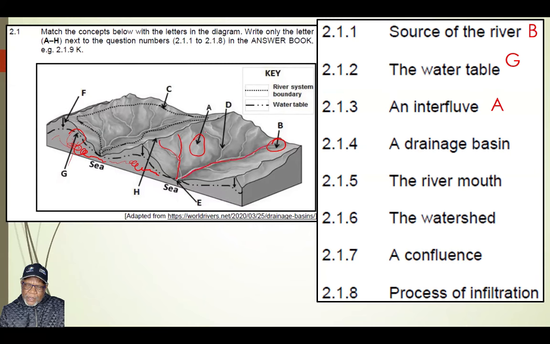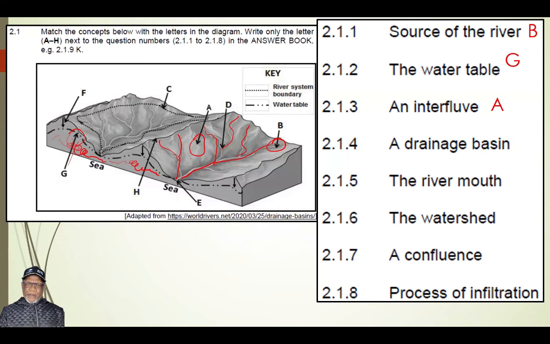These streams that you see here are separated by these high-lying areas between them. It is called interflow. So what is an interflow? It is a high-lying area that separates the streams within the same drainage basin.